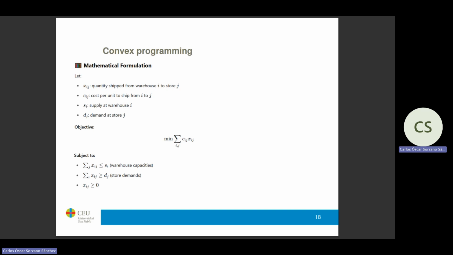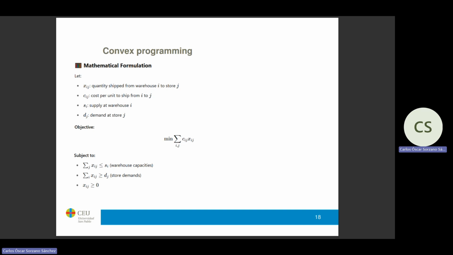And then all the transportations have to be positive. You see, these are linear constraints, and this is a linear goal function. If everything is linear, then this is a convex problem.